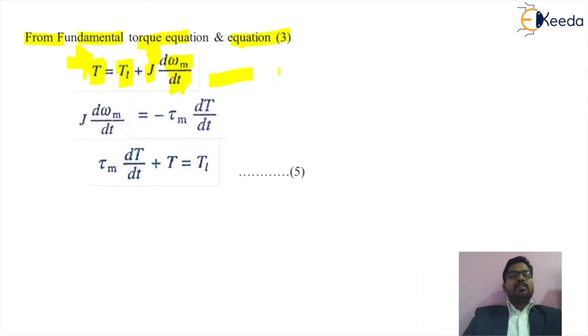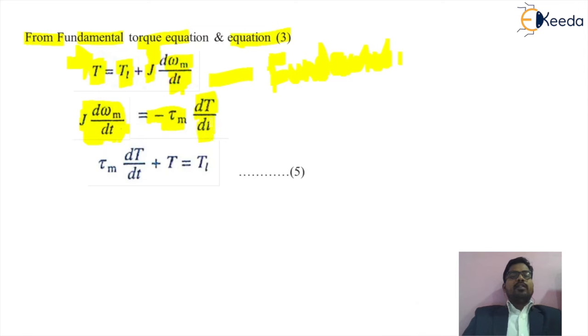This is called the fundamental torque equation, and this will be equation number 3, from which we can get the value of tau, the motor time constant: J d omega m by dt is equal to minus tau dT by dt, that is the rate of change of the motor torque with respect to time.